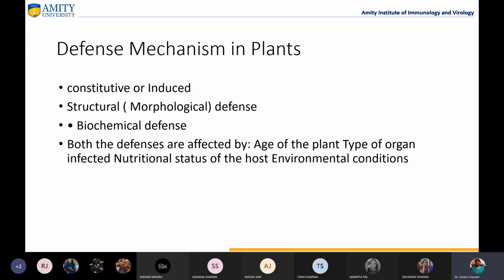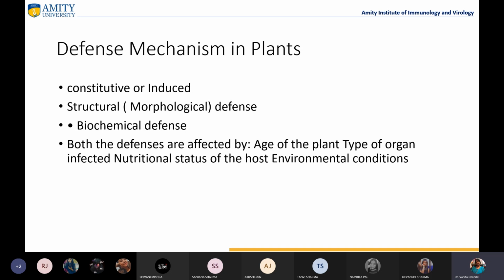There are some structural defense mechanisms, or structural changes in the plant, which could affect the pathogen's impact on the plant, right? So when we talk about defense mechanisms in the plant, we say they are constitutive or induced, structural or morphological defense, or biochemical defense.